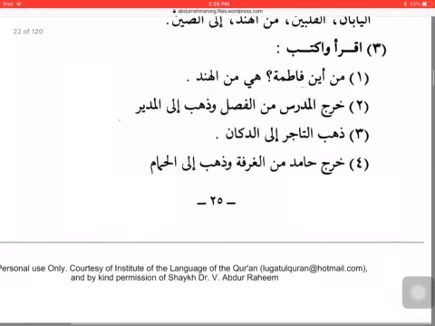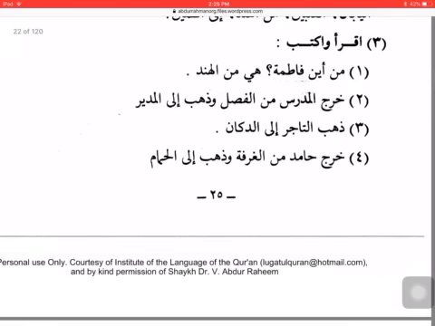More questions. Min aina Fatimatu? I'm not saying Fatimatun. Remember, the female name that does not have a male counterpart, we only put one dhamma. From where is Fatima? Now, because Fatima is a mu'annath word, when we use the pronoun for it, we're going to use hiya.